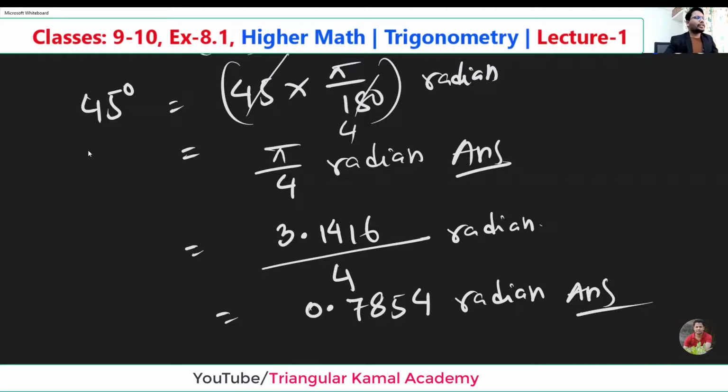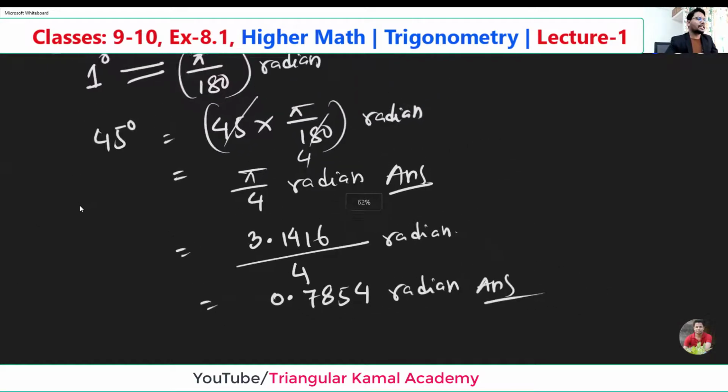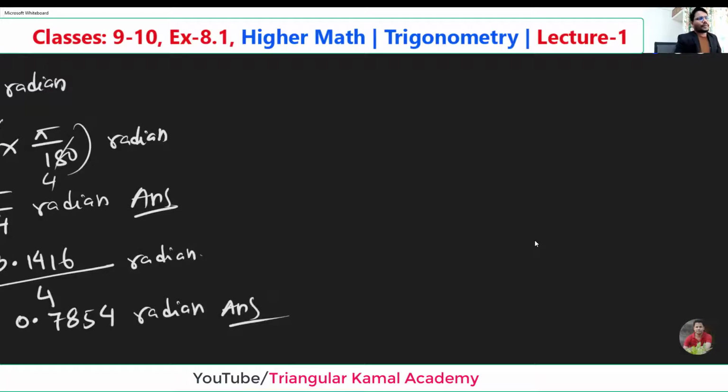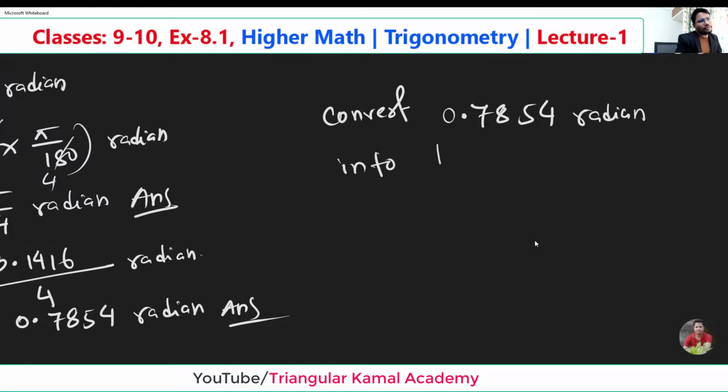In the same way, we can convert a radian angle into the degree system. Suppose now we see another example: convert 0.7854 radian into degrees. What will be the result if we convert this?